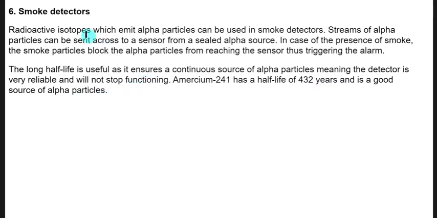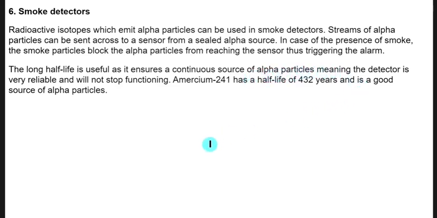So in a smoke detector, what should be used is an alpha particle, because an alpha particle is able to pass through the air, but it can be stopped by smoke. But if you use a beta, it cannot be stopped by smoke.